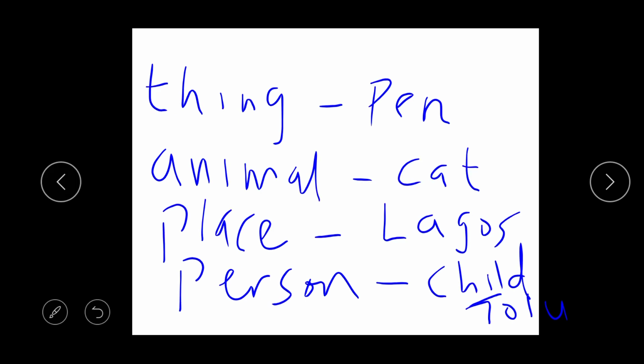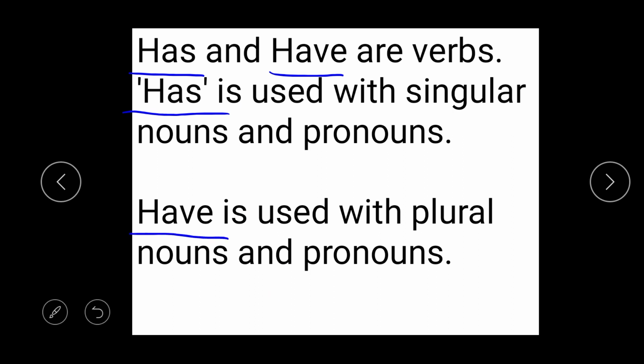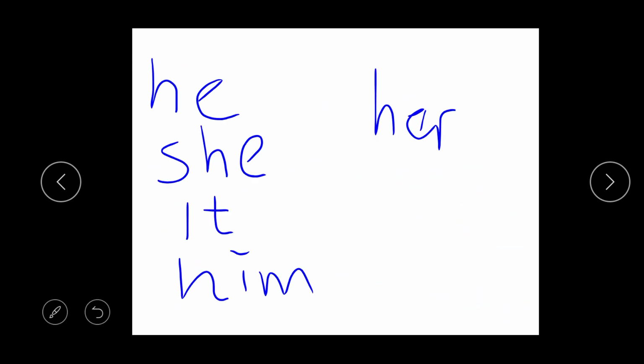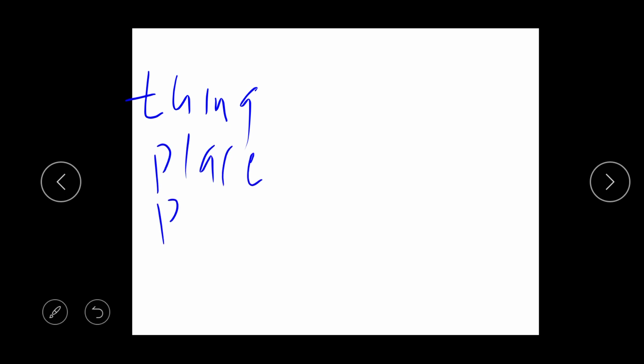So when you're talking about singular pronouns, you use the verb has. Now let's move to have. When do we use have? Have is used with plural nouns and pronouns. That means when you use the verb have, you are talking about more than one place, more than one person, more than one animal.